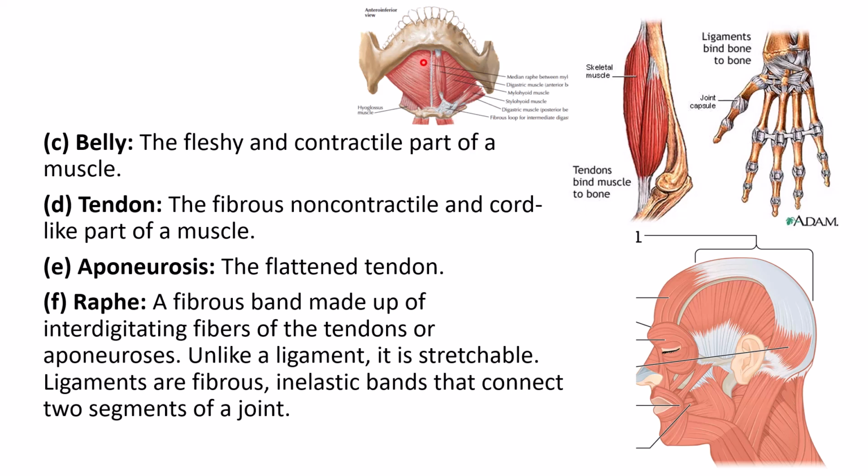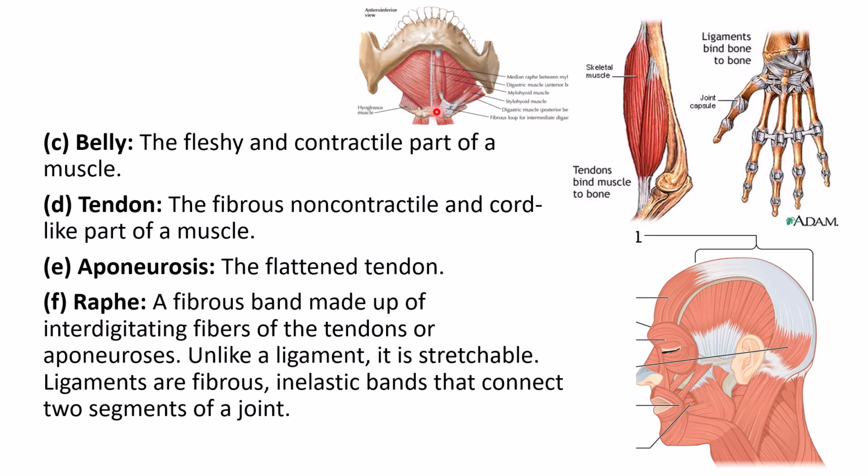Then what is the raphe? Can you see here in the middle? This is a fibrous band which is made up of interdigitating fibers of a tendon or the aponeurosis. So the muscle fibers are interdigitating here at the raphe. This is different from the ligament because it is stretchable, unlike the ligament.